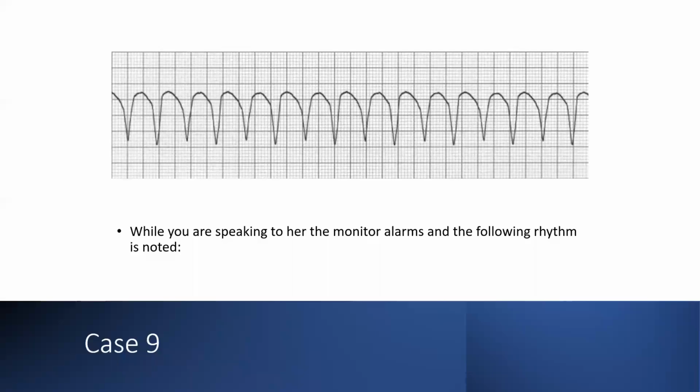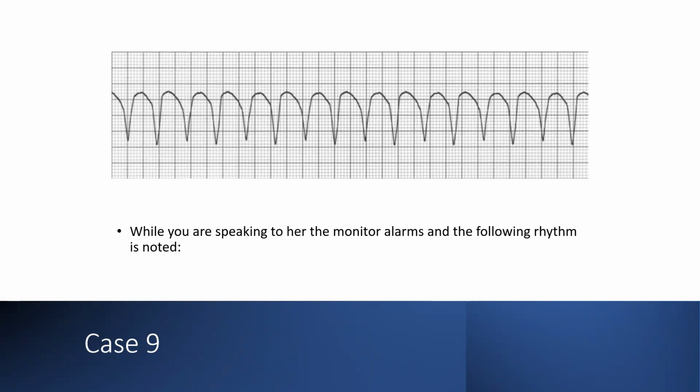Okay, so in this particular rhythm, we have a regular rhythm. It is fast. The rate is over 100, and the QRS complexes are wide. Because the QRS complexes are wide, we know that this is coming from the ventricles.